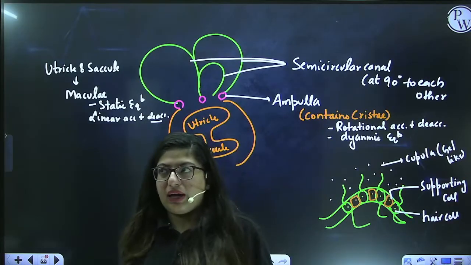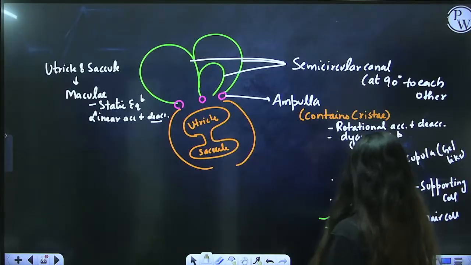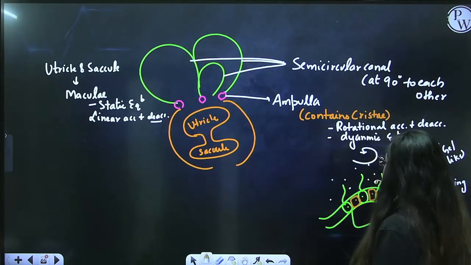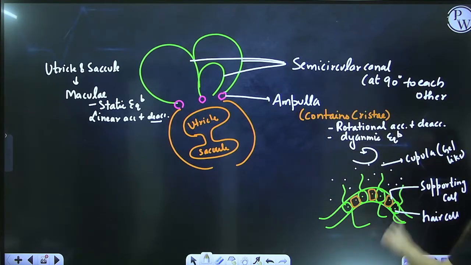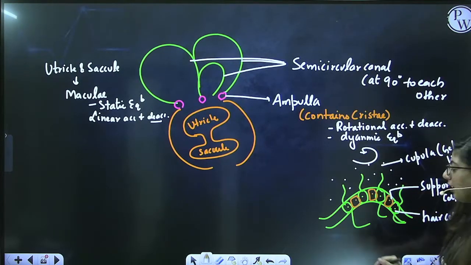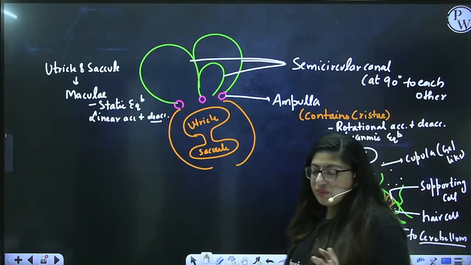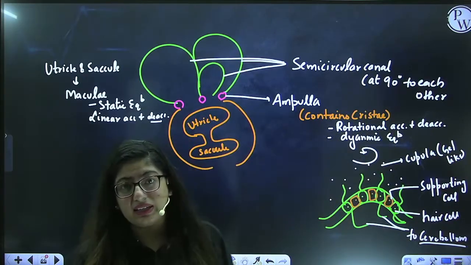When you stop, everything seems to be rotating. So when you move in this manner, with rotational acceleration and deceleration, this fluid moves. This leads to the movement of hair cells and hairs, and through nerves sends information to the cerebellum. Hearing information goes to the cerebrum, but equilibrium and balance is handled by the cerebellum.